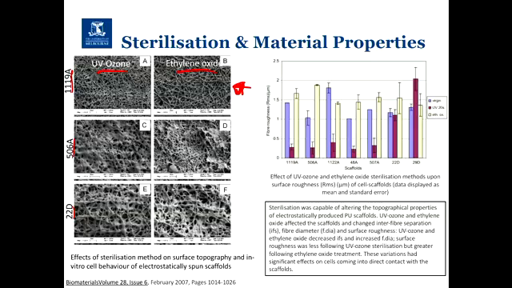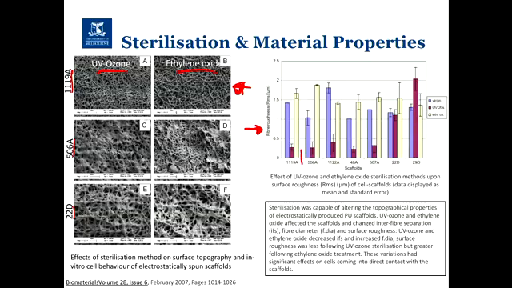One thing that they did find was the surface roughness changed. You can use a technique called atomic force microscopy to look at surface roughness on a nanoscale. So this graph here is quantifying the surface roughness. Where you see purple, they call it the virgin material, so the materials that haven't been sterilised. The magenta or purple are UV sterilised, and then the yellow is your ethylene oxide sterilised.